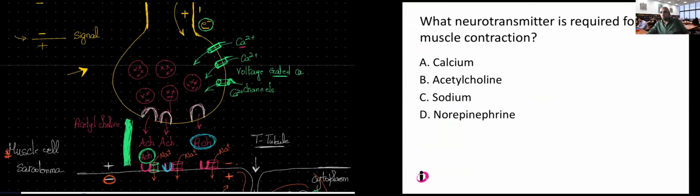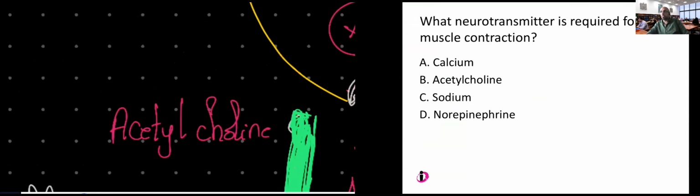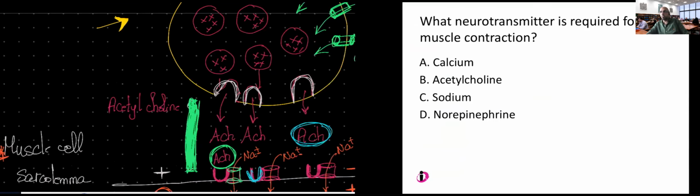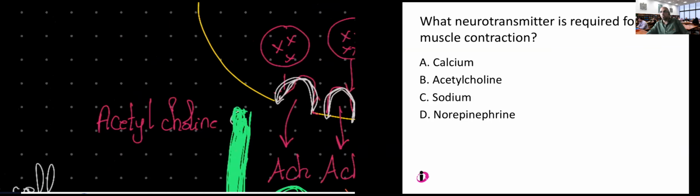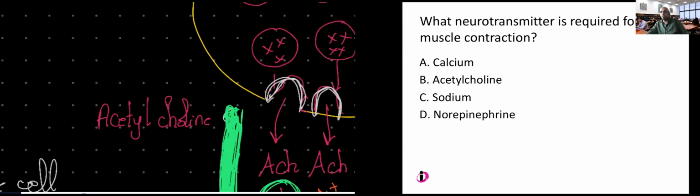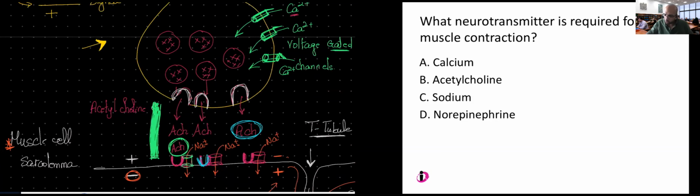Can you remind me, what do we call this neurotransmitter here? Don't remember? What is the neurotransmitter here? Acetylcholine, exactly. Acetylcholine.